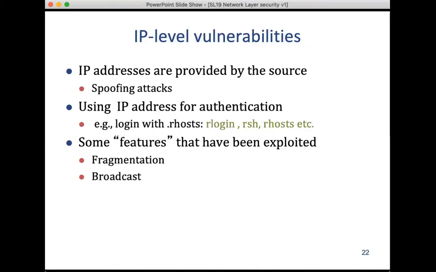So what will happen is that they can drop the packet and send a message back to the source through an ICMP packet to retransmit with smaller size packets. Alternatively, they can fragment the packet and send it upwards, right? Okay. And another feature of IP that can be exploited is the broadcast capability.